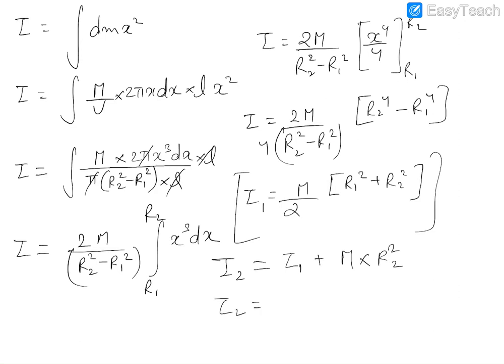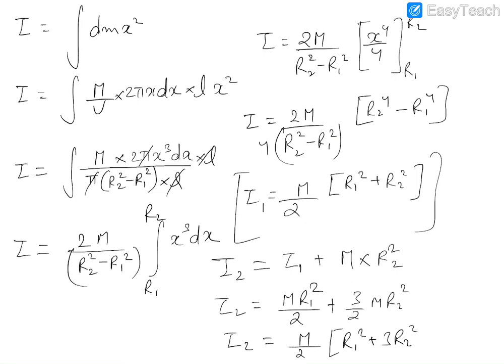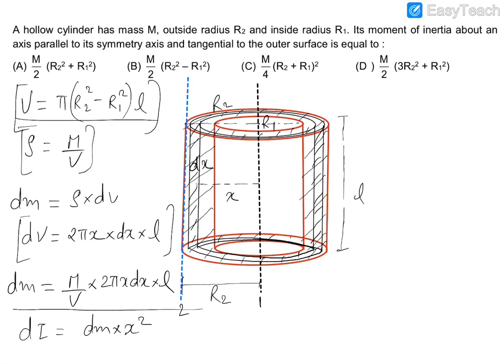So I2 will be equal to m r1 square by 2 plus 3 by 2 m r2 square. So I2 will be equal to m by 2 is common, (r1 square plus 3 r2 square). So this is the correct answer, and the correct option will be option number D.